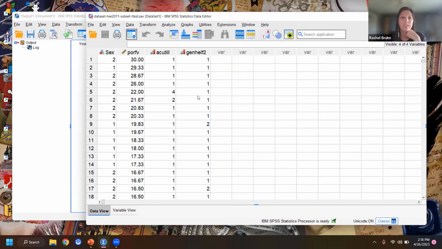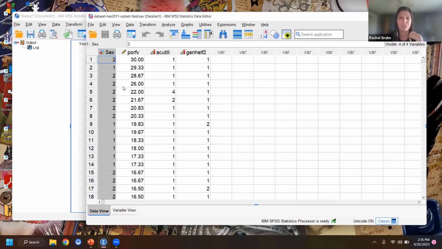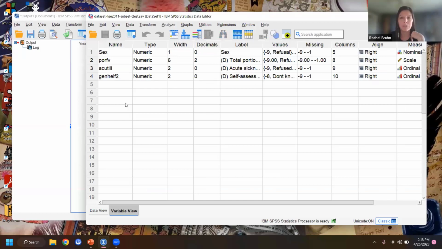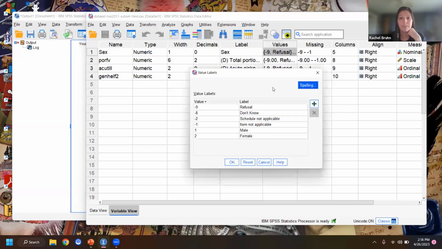So looking in this first column, this is the gender denotation for our participants. And we can see for this data set, they used only 2 identifiers for gender there. And then this is the portion of fruits and vegetables that each participant reports eating. If we go into our variable view, we can get an idea about the values. So if we go into our values column, I can see, again, that 1 is male, 2 is female.